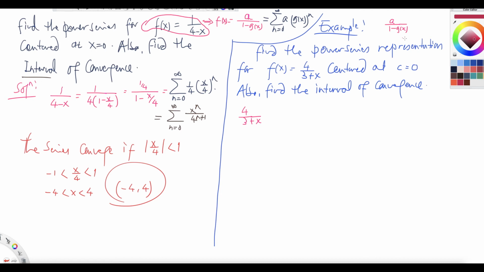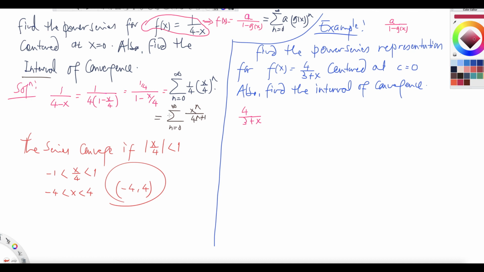So g of x will have something like x over something, or x minus whatever over something. So basically we want to write it in a over 1 minus g(x) format, okay guys.